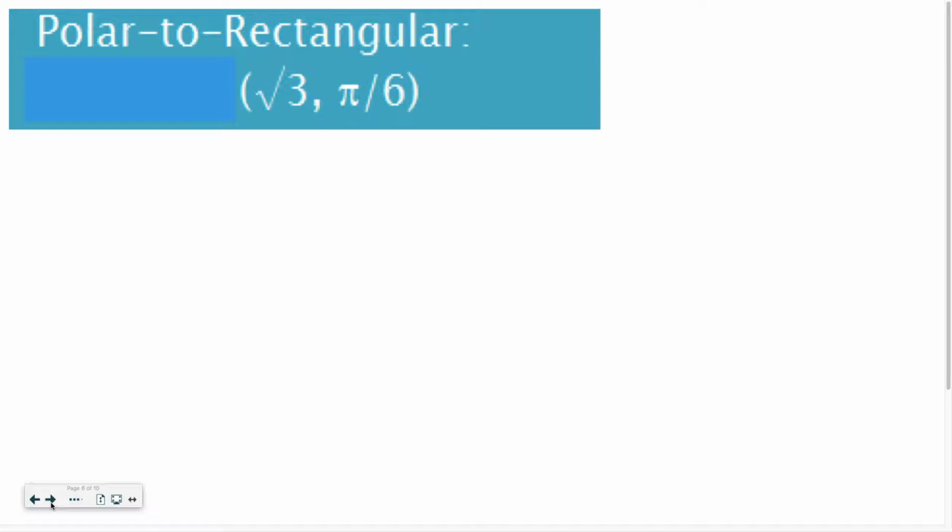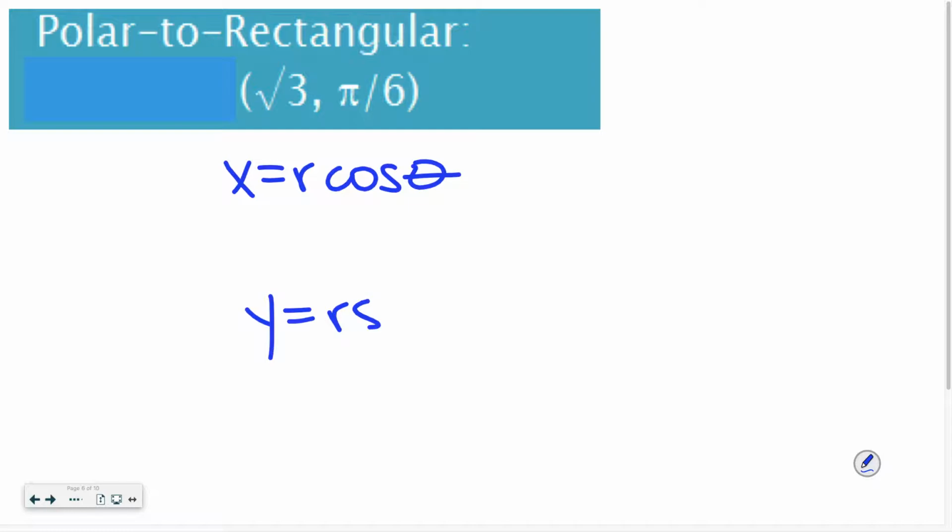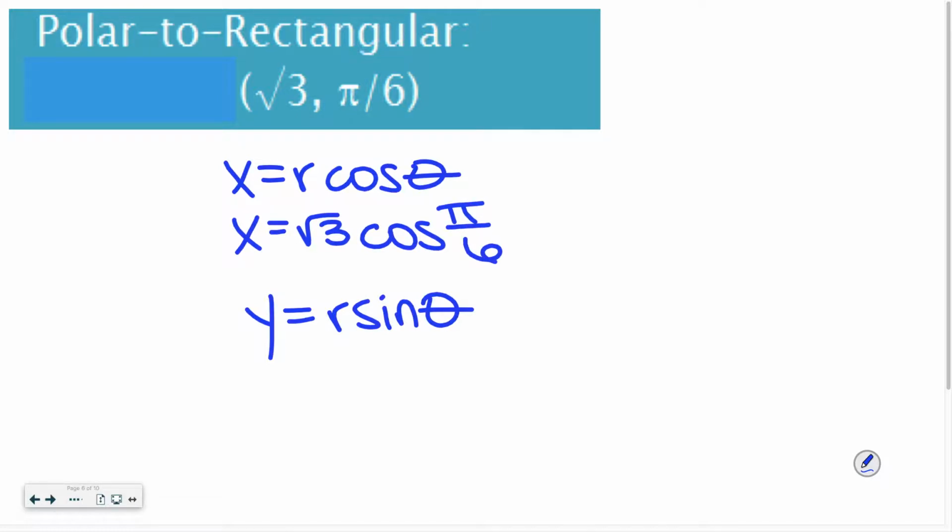Now, when we have a polar coordinate, it's probably easier to convert it to rectangular than the other way around because we have two equations that we have to use. We have x equals r cosine theta, and we have y equals r sine theta. So, r is radical 3, and theta is pi over 6.